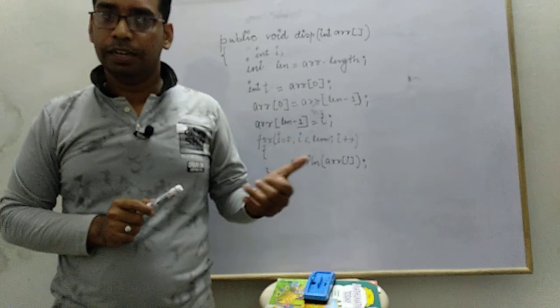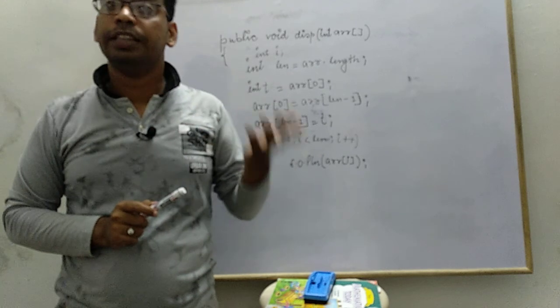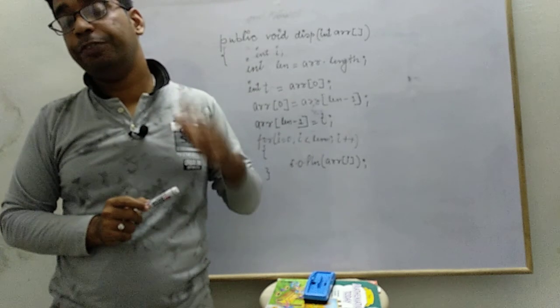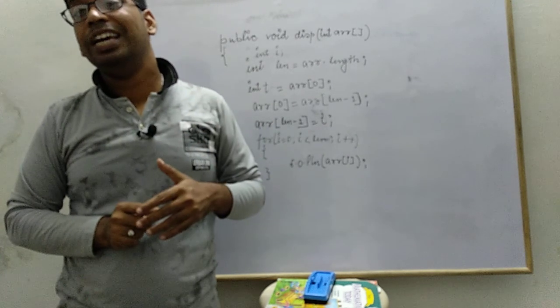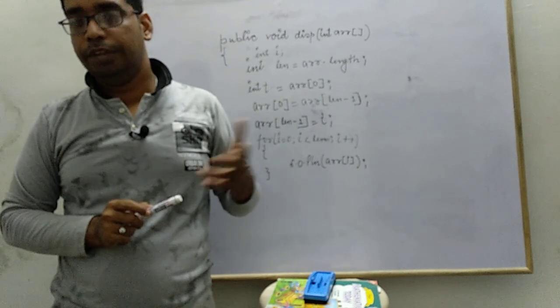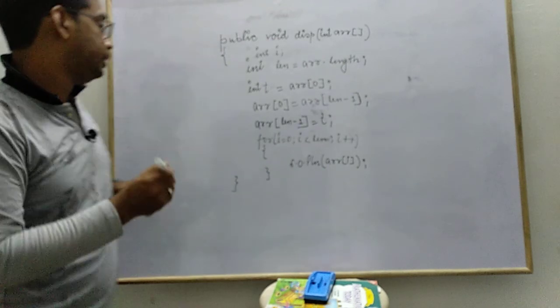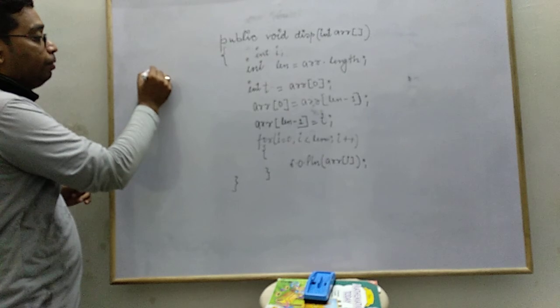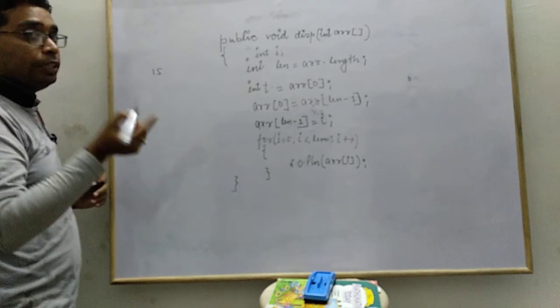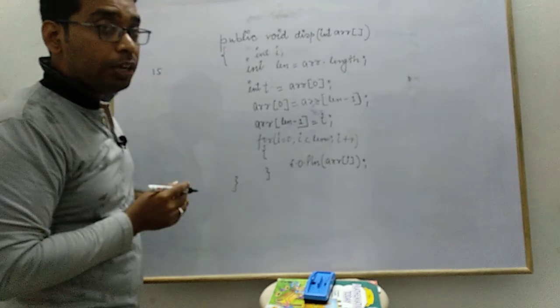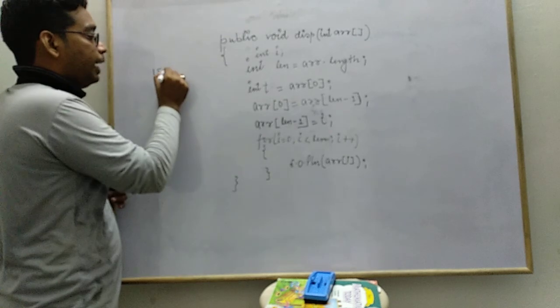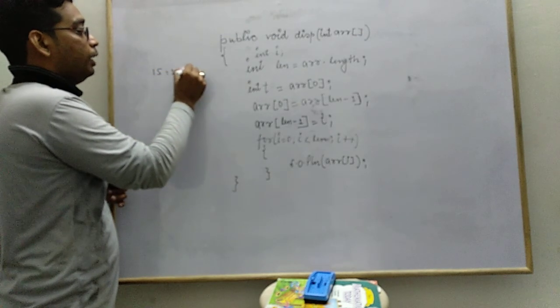If it is an integer and even, then convert it into odd, and if it is odd, convert it into an even number. How? Suppose there is a number 15, it is an odd number, then you have to convert it into an even number, so you just add 1 to it, becomes 16.